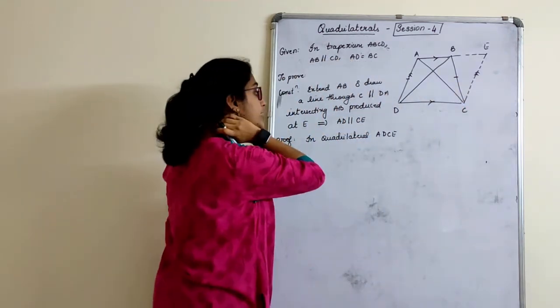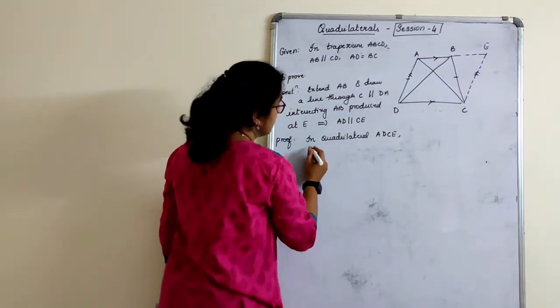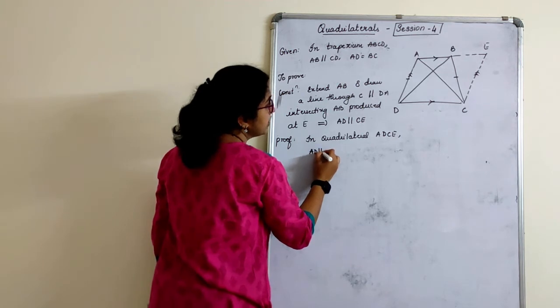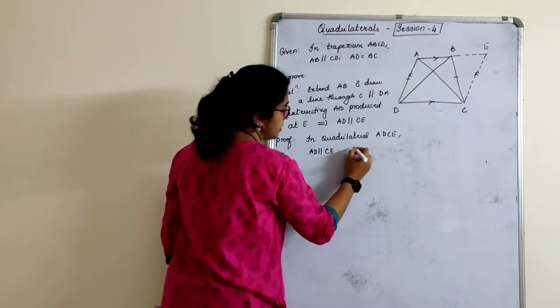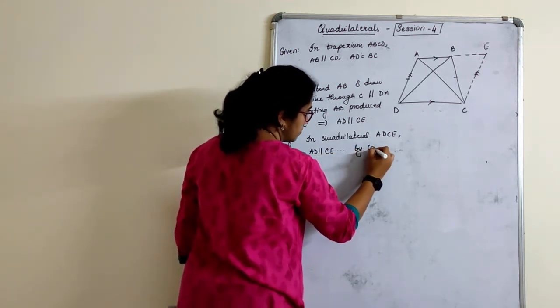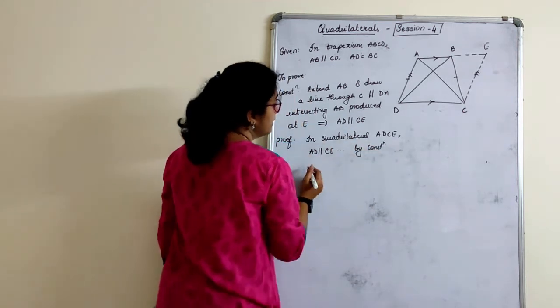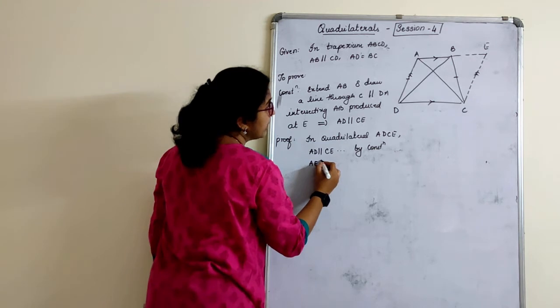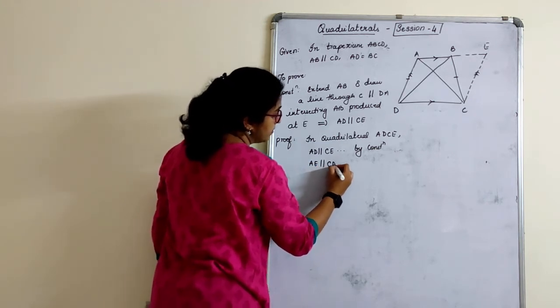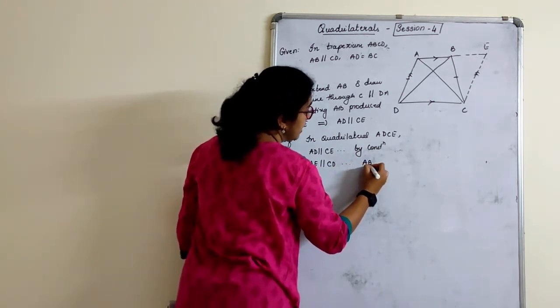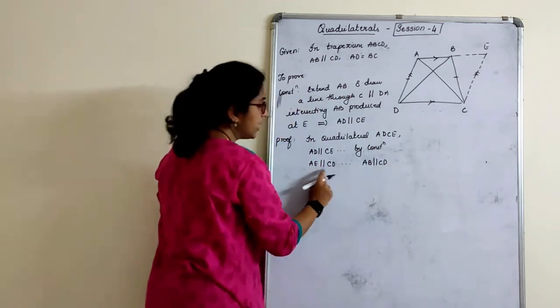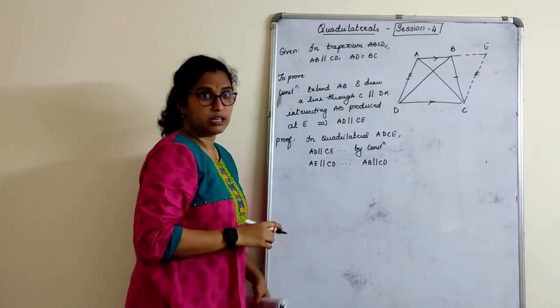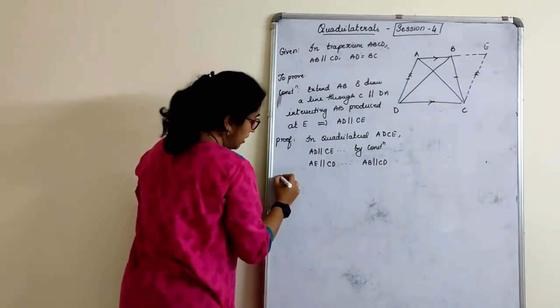In quadrilateral ADEC, AD is parallel to CE by construction, and AB extended to E, I can also say AE is parallel to CD. Okay, we have just extended it.